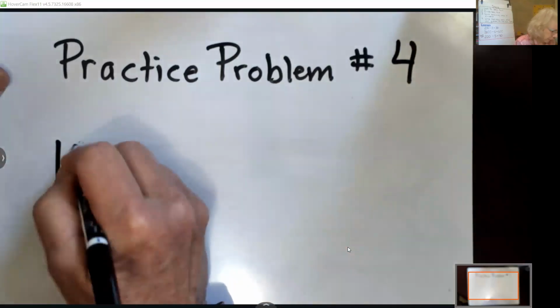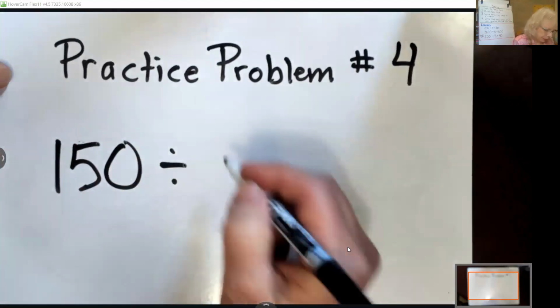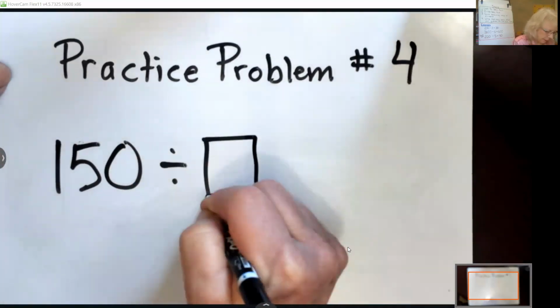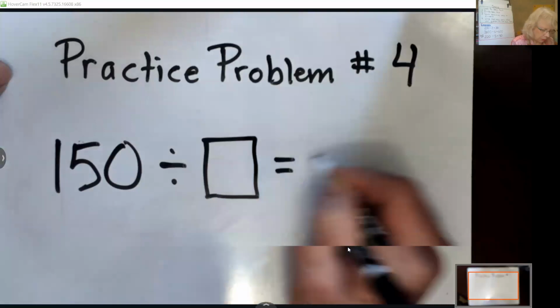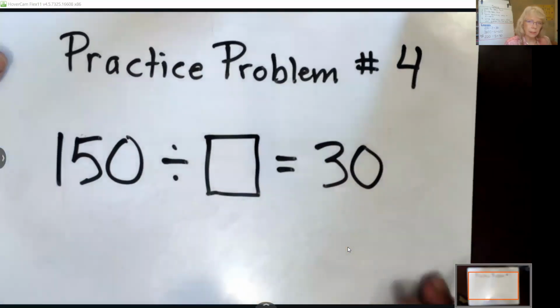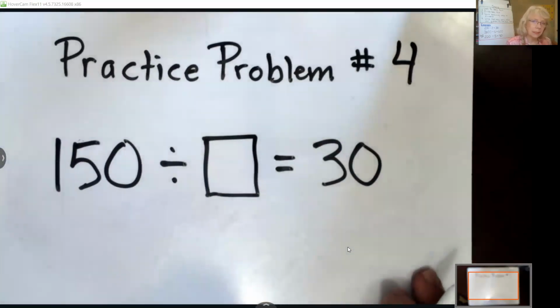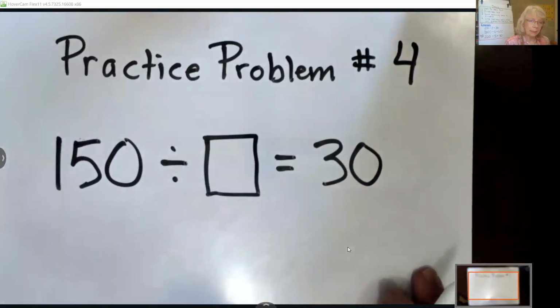I'm going to go on to practice problem number 4, which gets a little more challenging here. So we're going to now try to find the missing number: 150 divided by a mystery number equals 30. So see if you can figure that out on your own. Pause the video and then come back. Okay, welcome back. So on this one, we want to do it just like we solve missing problems in basic facts.